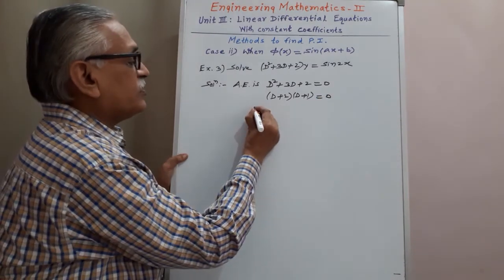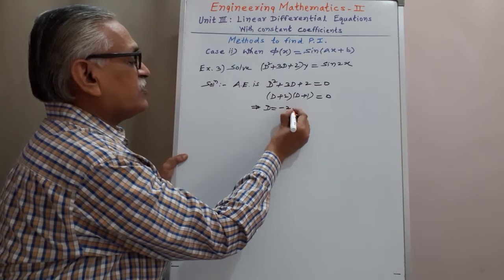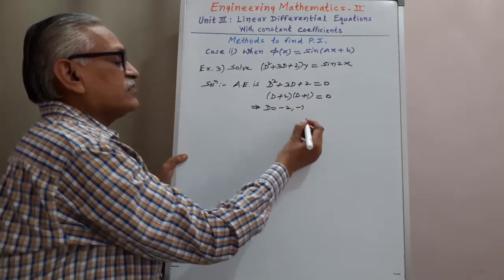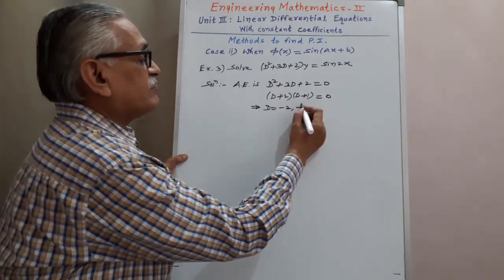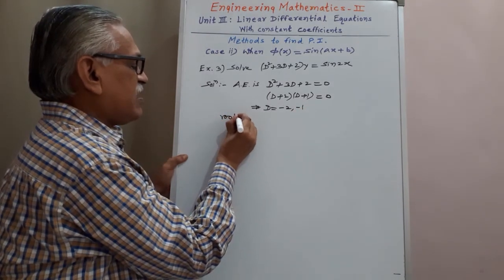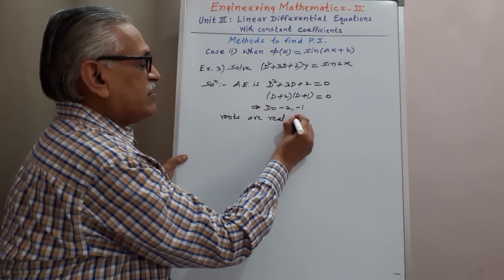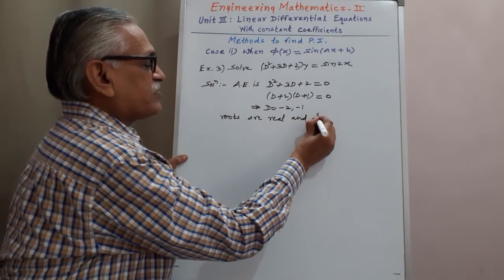Equating each to 0, it gives D equals minus 2 and minus 1. Here the roots are real and different, or distinct.